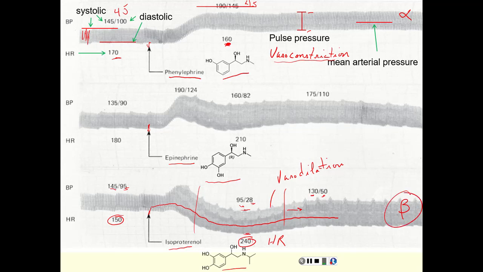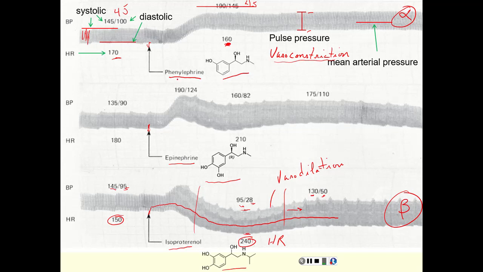The big point is that there's a beta effect and an alpha effect, and the assumption at the time this experiment was done was that there are two different receptor populations responding to these drugs, which are all phenylethylamines, but these drugs are able to select between distinct receptor populations to produce their effect.